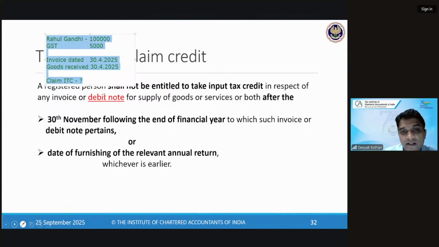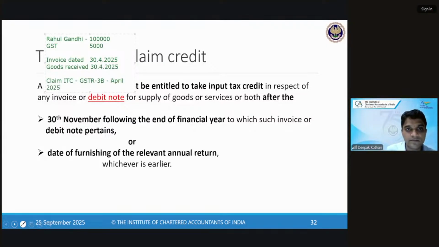You will claim ITC in GSTR 3B, which you will file for the month of April 2024-25 itself. Of course, filing will happen in May, but what is the return period that is relevant?